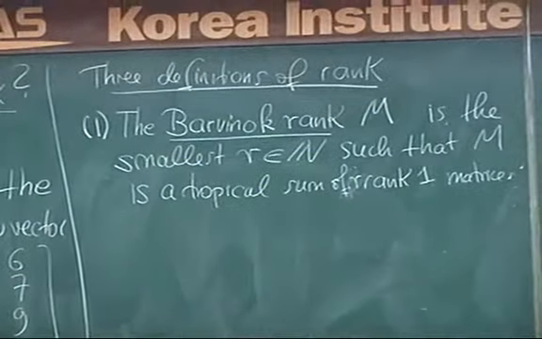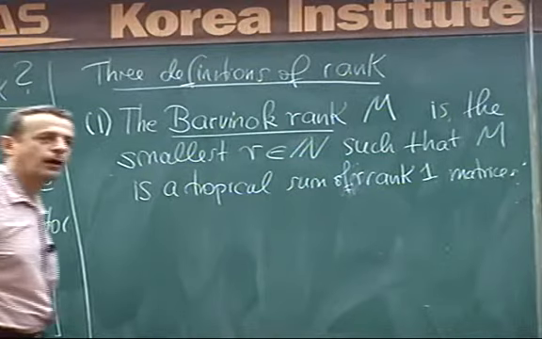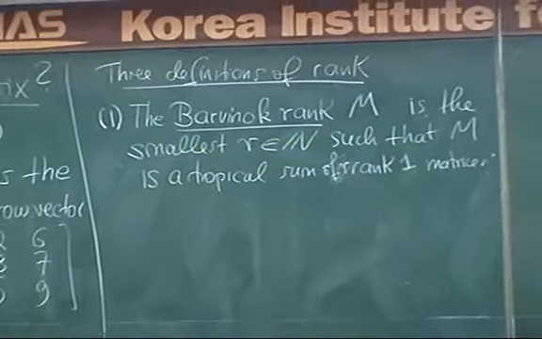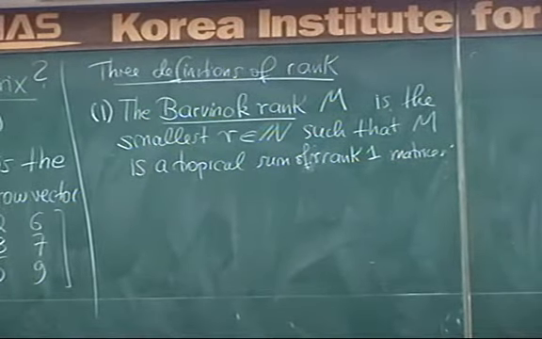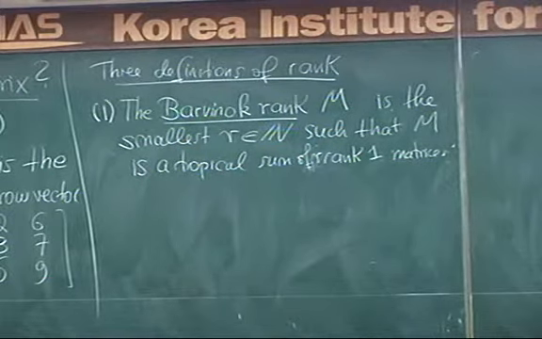Now this is named after Barvinok. Barvinok is a mathematician interested in discrete math and optimization. And he used this notion of rank in a result on complexity theory concerning the traveling salesman problem. So the traveling salesman problem is one of those NP-hard problems, you know. So you have n cities with pairwise distances, and you want to find the shortest route that visits all cities.